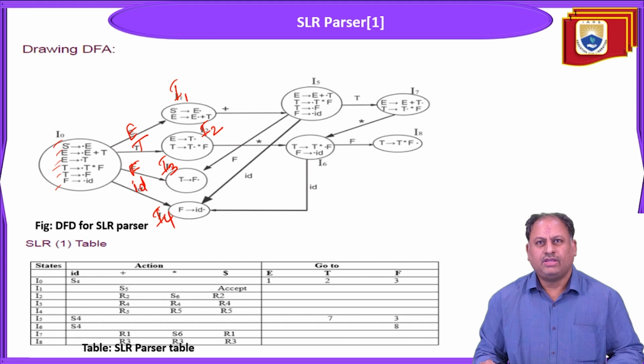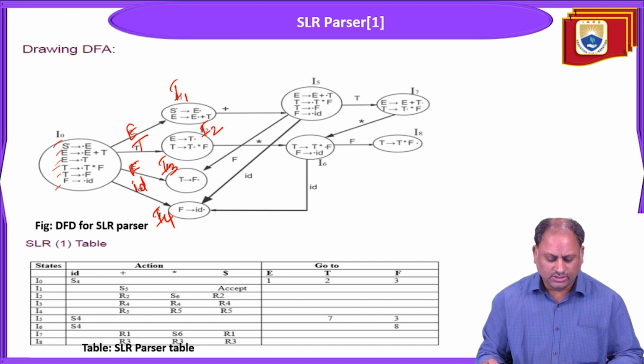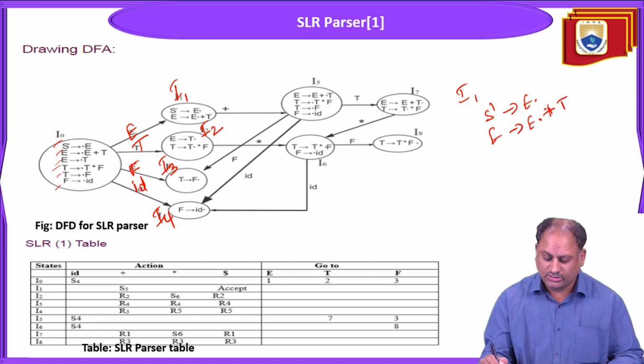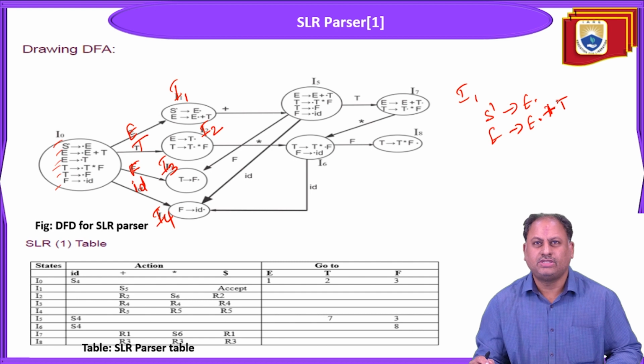Once again, verify whether the dot symbol has reached the end of each of the rules in the given state. So, for example, if we consider the I1 state, the rules are S' derives E dot and E derives E dot plus T. So, this is the production which appears in case of transition in state I1.